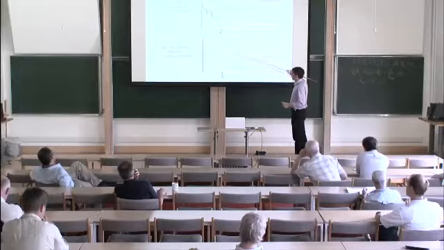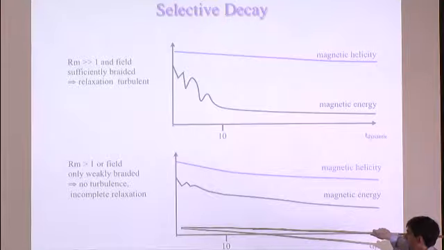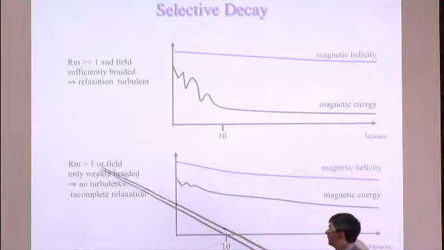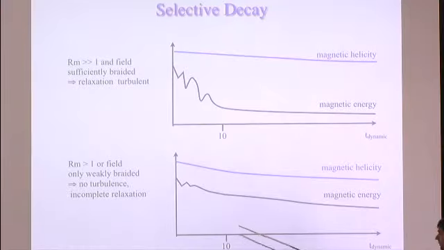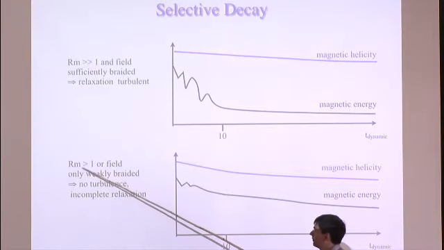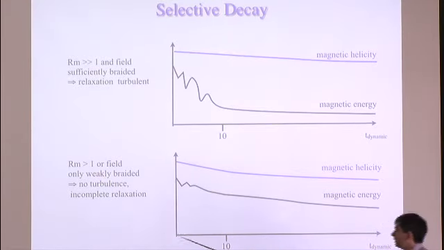So here is, on the other hand, a situation where I see this kind of scenario if I have either a lower magnetic Reynolds number or a field which is only weakly braided.